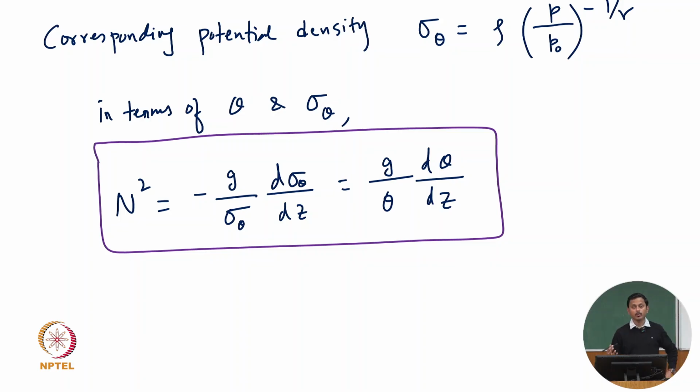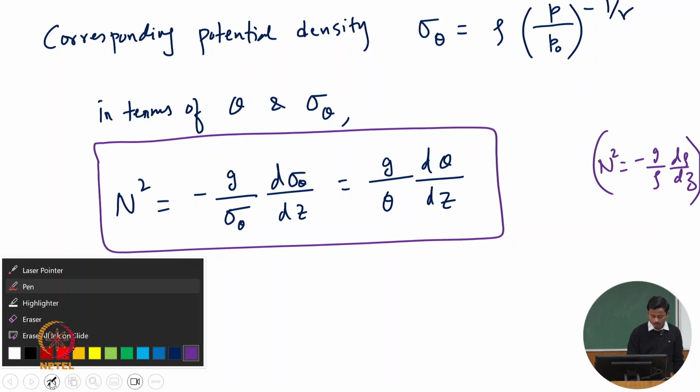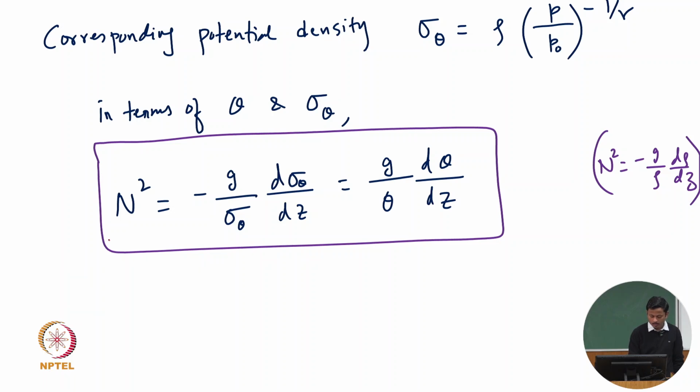So now recall what we had derived for an incompressible fluid. For an incompressible fluid, we had derived N squared is equal to minus g by rho, d rho by dz. For an incompressible fluid, we had derived this relationship. So you can see that there is an analogy to the first part, that is N squared equal to minus g by sigma theta, d sigma theta by dz.